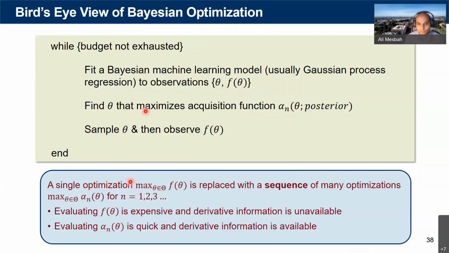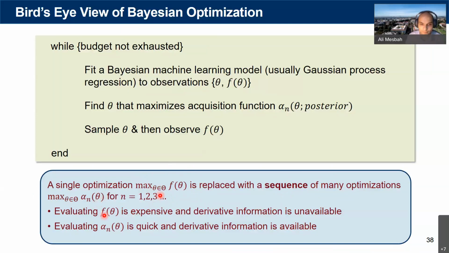And you may wonder, what is the point of replacing this black box data-driven optimization with a sequence of many optimizations? Essentially, we're replacing one optimization, our original black box optimization, with a sequence of maximization problems that maximize the acquisition function. But there are two good reasons for this.